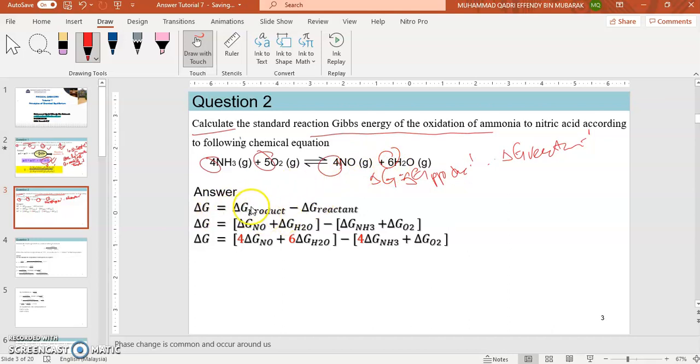So here we have delta G product minus delta G reactant. Our products now are nitrogen oxide and 6 moles of water. That's why we do it like this, delta G of NO plus delta G of H2O, minus the summation of the reactants. So the reactants are ammonia and also oxygen gas here.